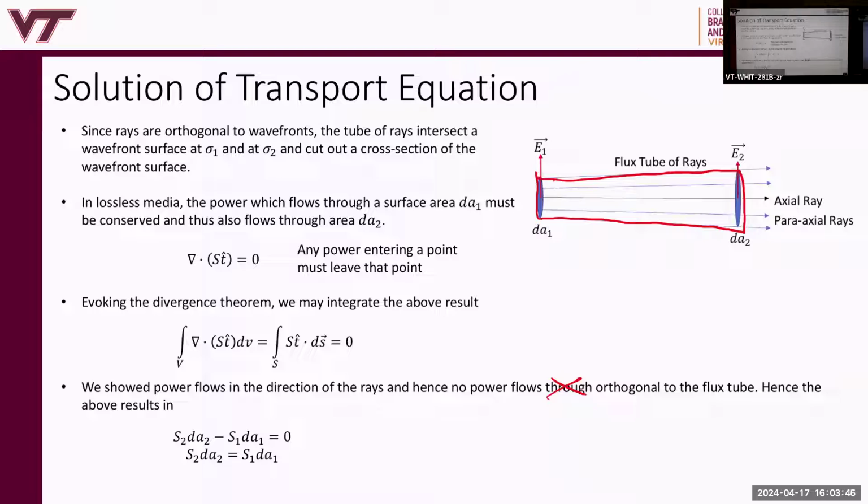So you just have the flux exiting the end cap and entering the first end cap, right? If you take the difference between those, you get this expression here, which says that the power entering this face must exit this face, because there is no dissipation and the power doesn't flow orthogonal to the rays. All right? Okay, good.